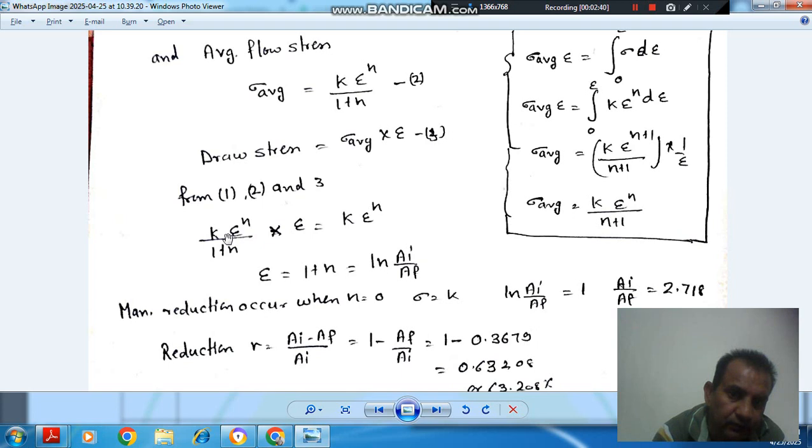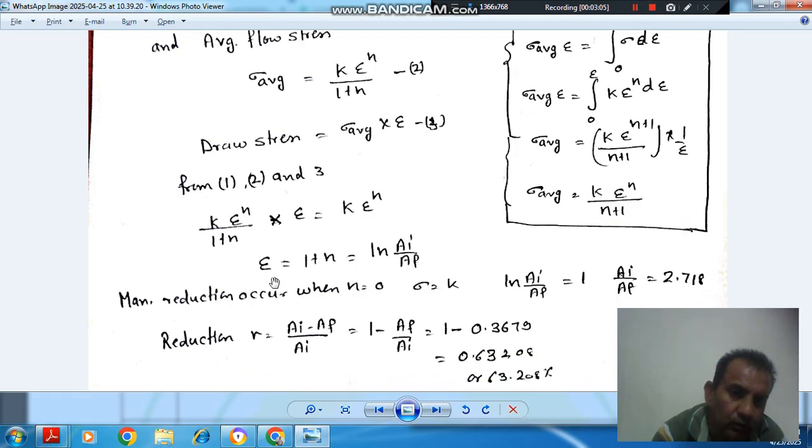Then K will cancel out, and epsilon^n will also cancel out. So epsilon will be equal to 1 plus n, and epsilon is nothing but true strain, and true strain in terms of area can be represented as ln(Ai/Af).